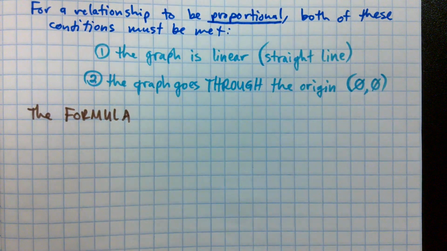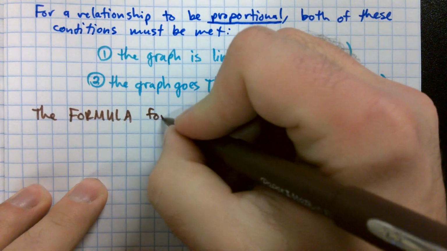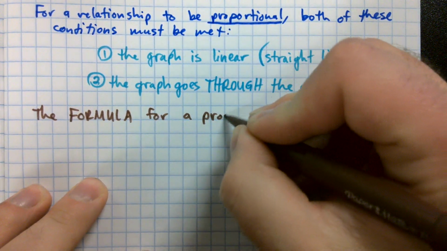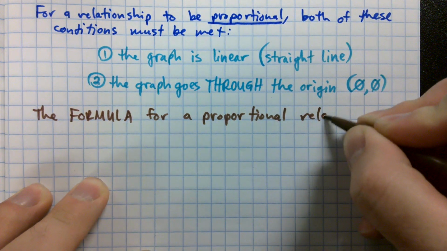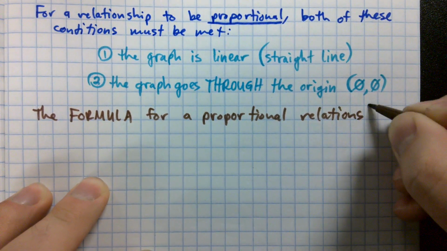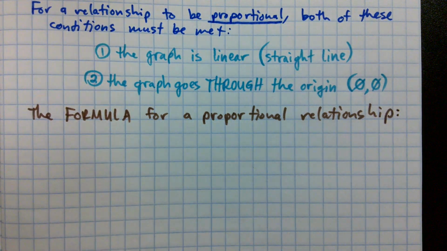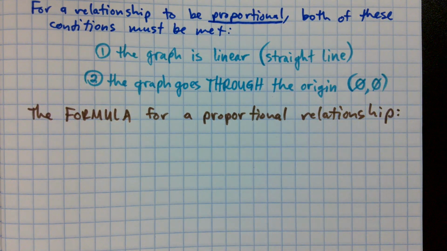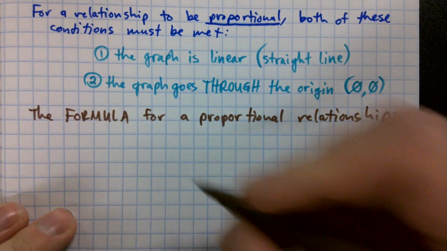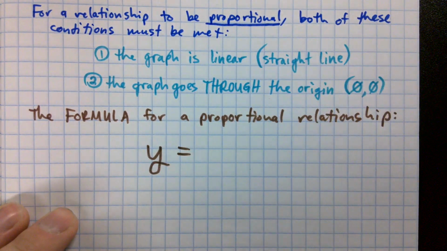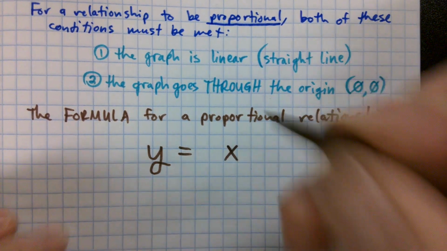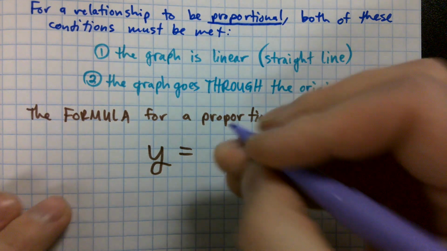Let's go ahead and write down the formula for a proportional relationship. Nice and big, we'll write y is equal to k times x.